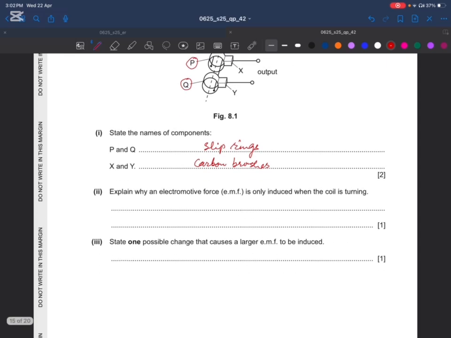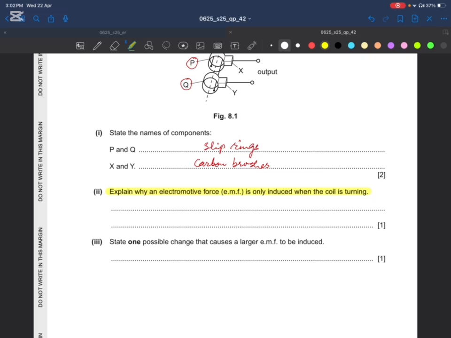Explain why an electromotive force is only induced when the coil is turning. So you know that in electromagnetic induction, when you have a changing magnetic field linked with the coil, you can induce an EMF in that coil.